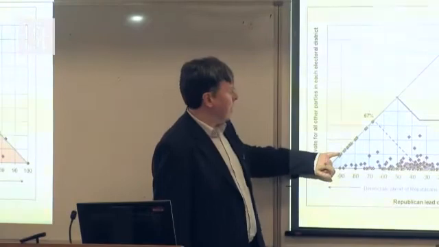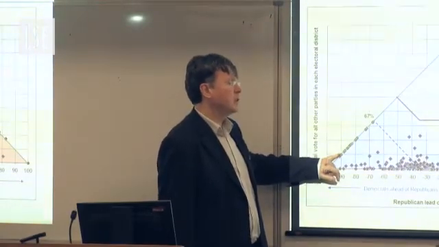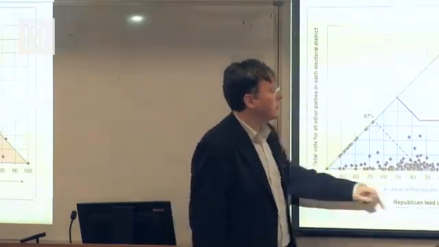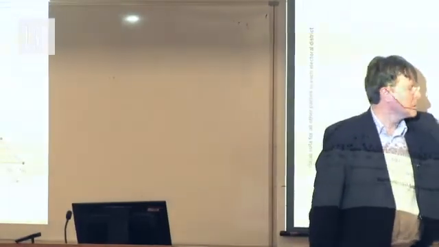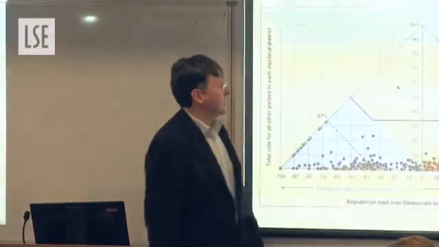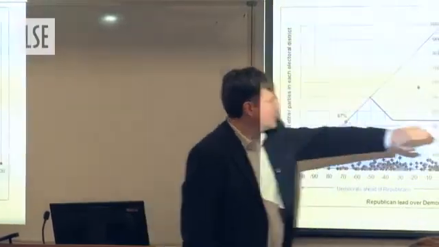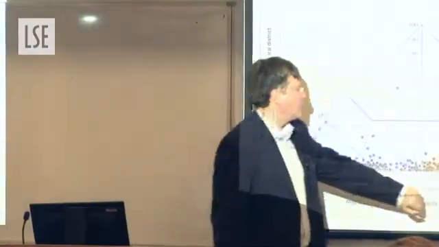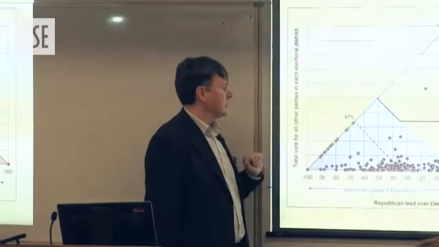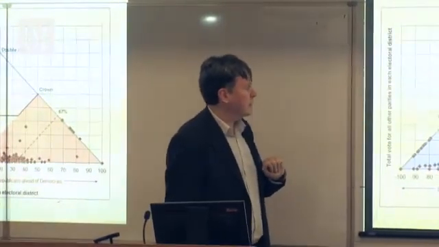These ones over here are the Republicans refusing to stand against incumbent Democrats. And these ones over here are Democrats refusing to stand against Republicans, and this is Republicans refusing to stand against incumbent Democrats.